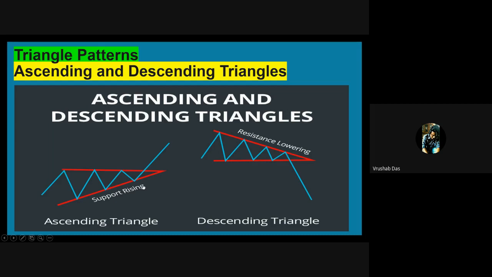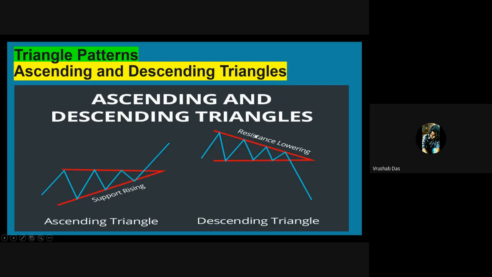If you are talking about the descending, you will see the resistance lowering. Descending triangles have falling upper trade lines as a result of distribution and are always considered a bearish signal.